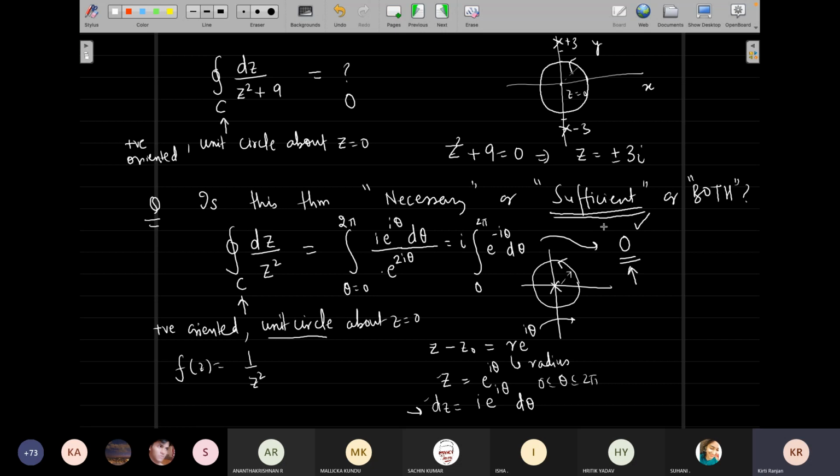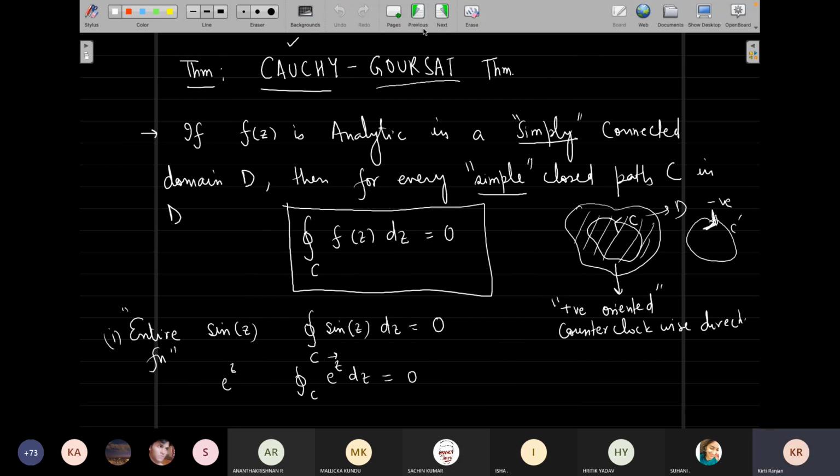But what we know from the Cauchy-Goursat theorem is that the condition is sufficient to ensure that the integral turns out to be 0. So whenever the Cauchy-Goursat theorem is written, one has to be clear that this is a sufficient condition. It is not a necessary condition.